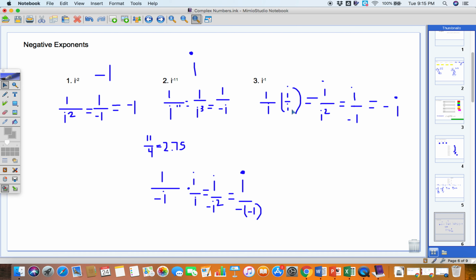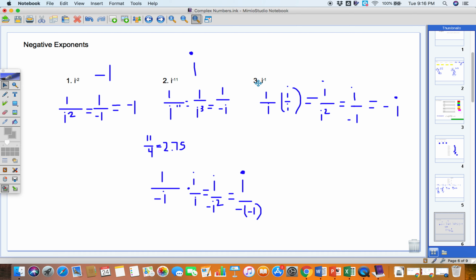It's a fraction, so anything we do to the bottom, we have to do to the top. So we have 1 times i, which is i, and i times i, which is i squared. Now we can look at it and say that i squared is negative 1. So the i on top stays the same, it's still i, and the i squared on the bottom becomes negative 1. So now we have i divided by negative 1, which is equivalent to negative i.